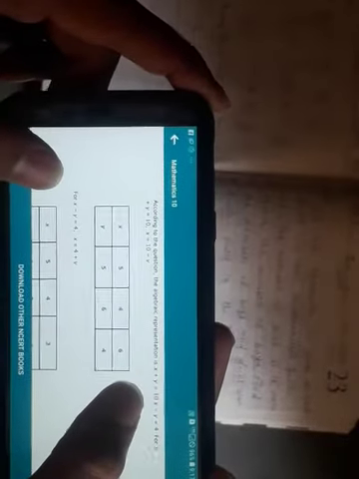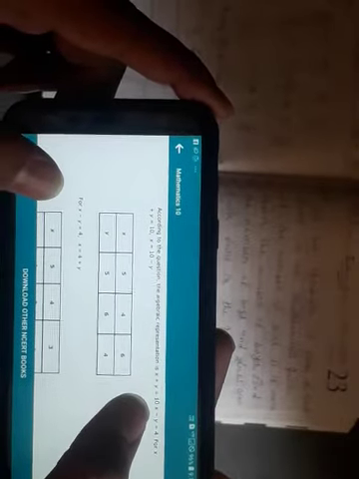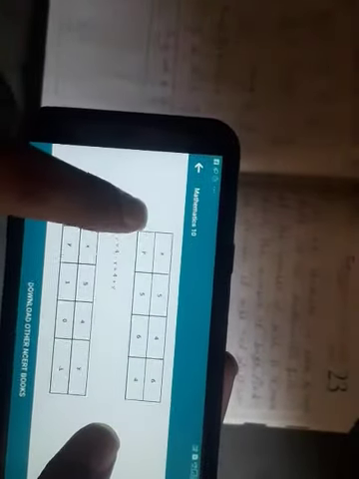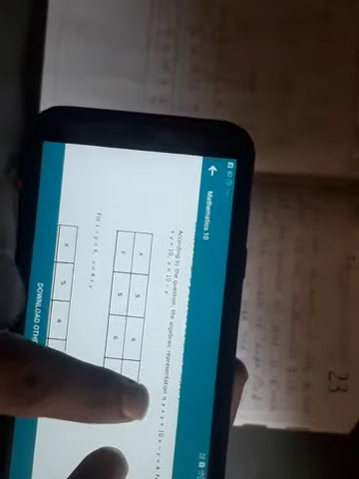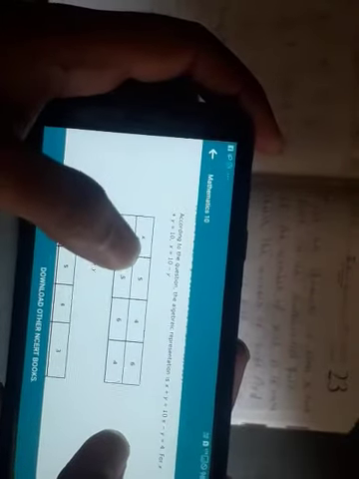See, here we have x plus y equal to 10. What they have done is put a value of x. They supposed that the value of x is 5.